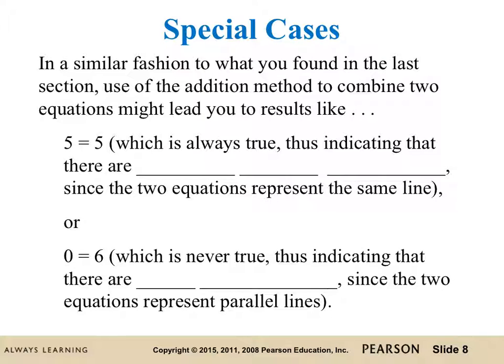So in a similar fashion to what you found in the last section, you will use the addition method to combine two equations, which might lead you to results like 5 equals 5, which is always true, thus indicating there are infinitely many solutions.